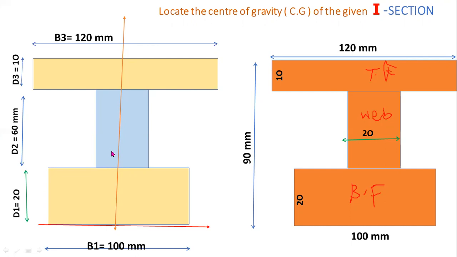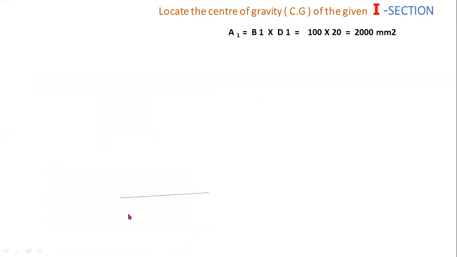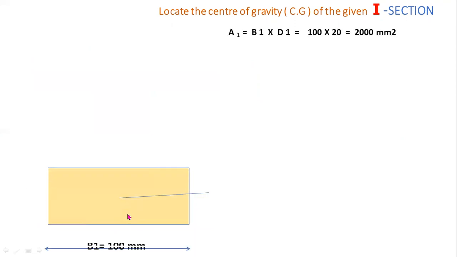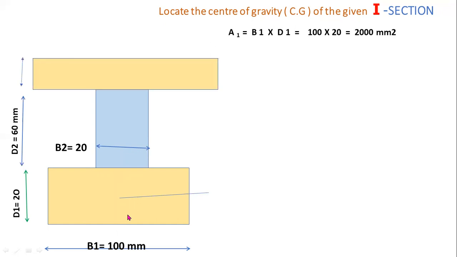That means the values of x1, x2, x3 are 0 because the given section is symmetric about y-axis. So this is the y-axis, this is the x-axis, this is the origin: bottom rectangle, web, top flange.